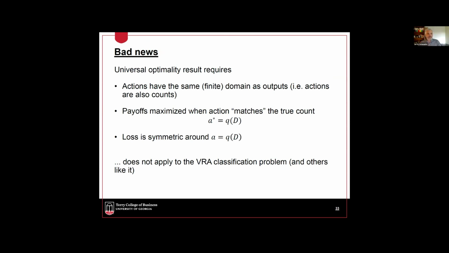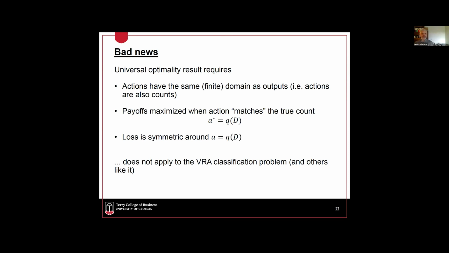The bad news is that this universal optimality result requires that the actions have the same finite domain as the outputs, and the payoffs are maximized when the action matches the true count, and loss is symmetric. So it corresponds to things like quadratic loss, which would be an example of a use case here.